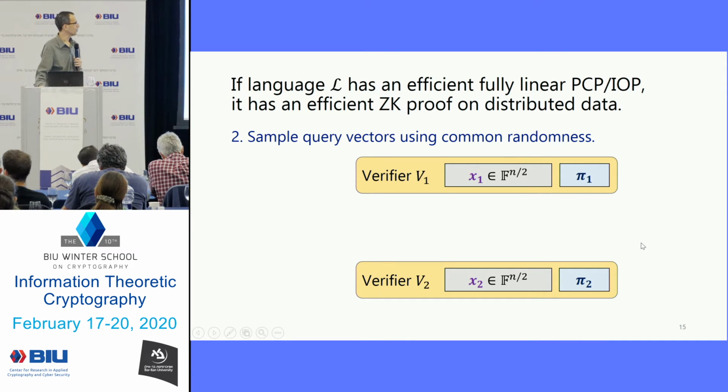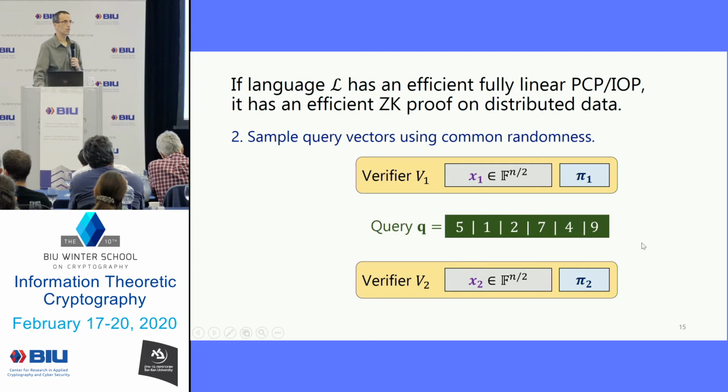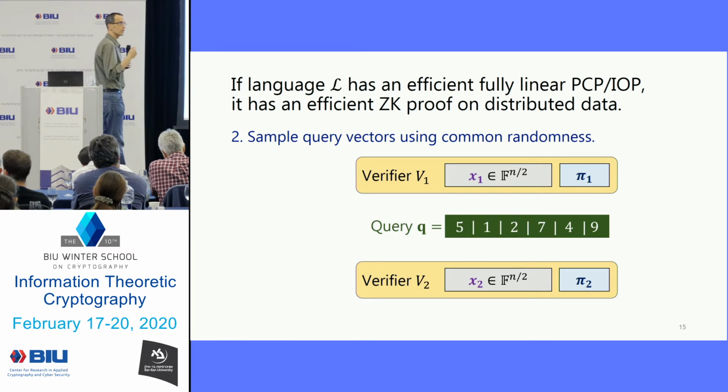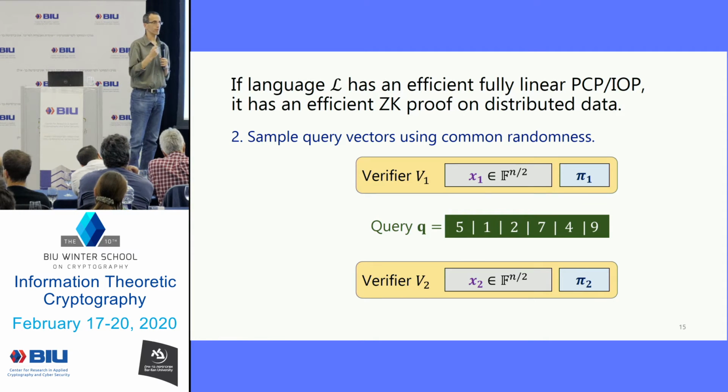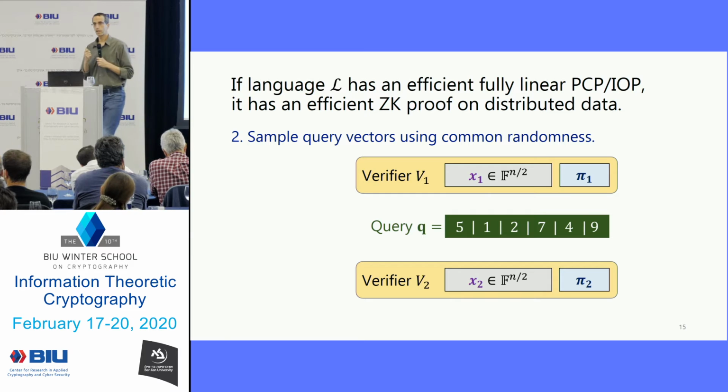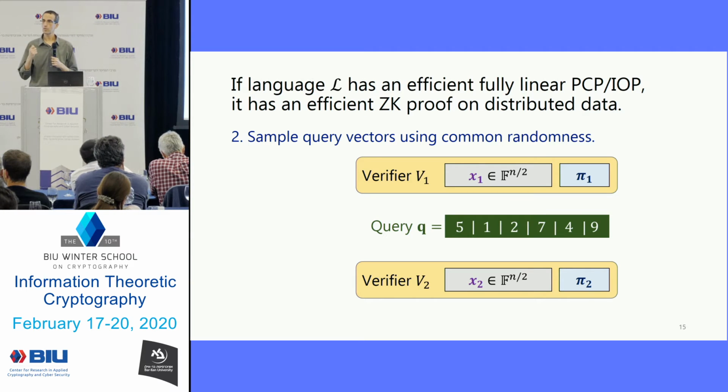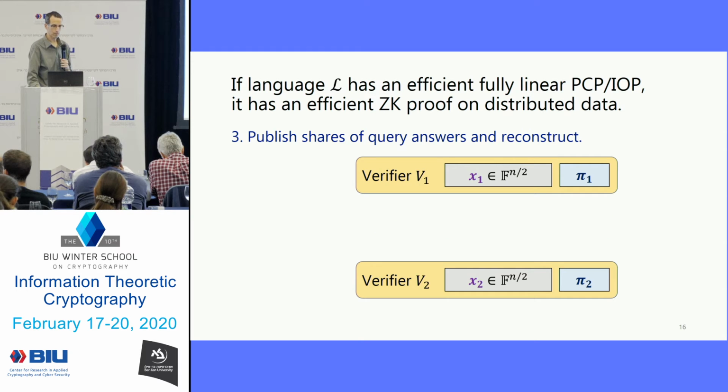Okay, so now we have the proofs, and this is what they do. They generate the same query. They can do that because they have the same source of public randomness. So they generate the same query as they would for the PCP protocol.